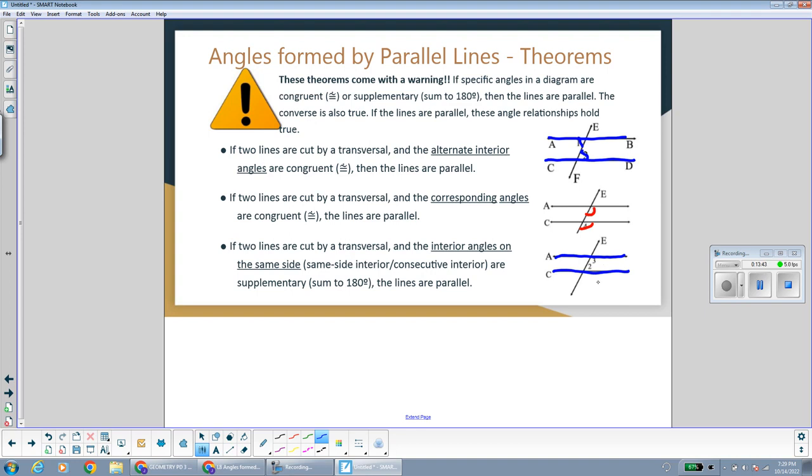And if they add up to 180, let's say 3 was 120 and 2 is 60, if they add up to 180 degrees, they're supplementary, that's enough to also show the lines are parallel. So just like these theorems can show that lines are parallel, if we already know the lines are parallel, then we know that these relationships hold and are true.